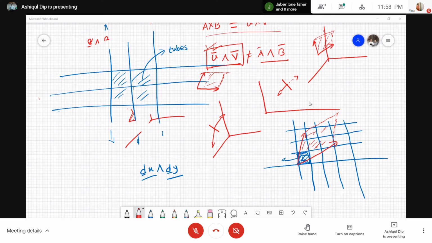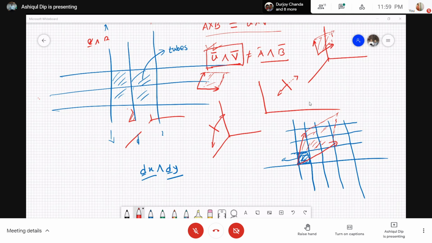So as you can see here, the dx surfaces and dy surfaces as drawn in 3 dimensions are stacks of infinite planes, and when you superimpose those, you are left with rectangular tubes, right? And here a u wedge v is also represented.